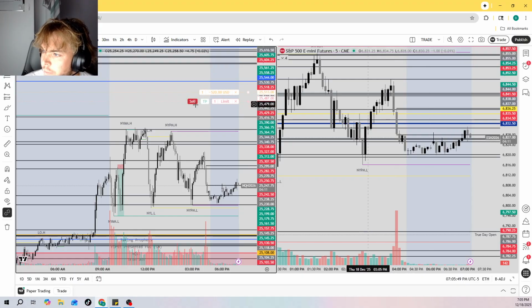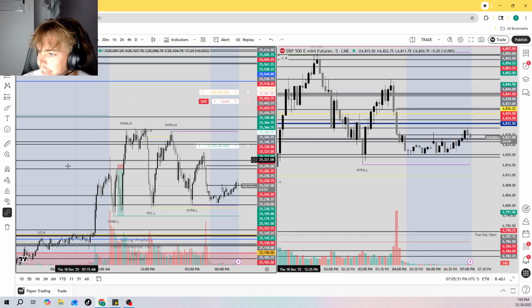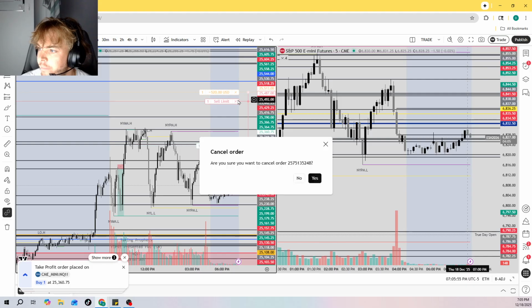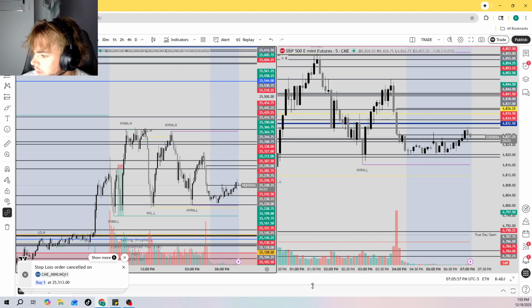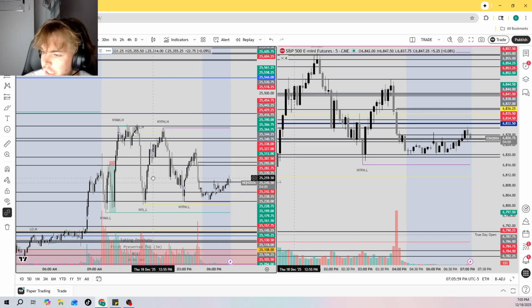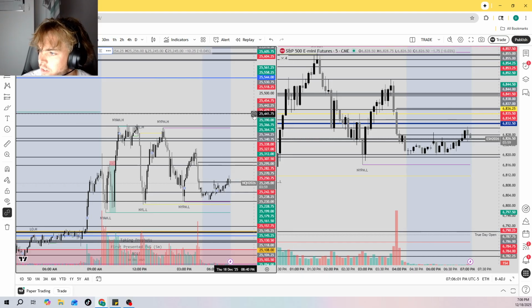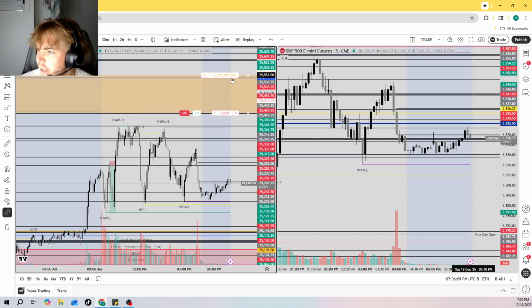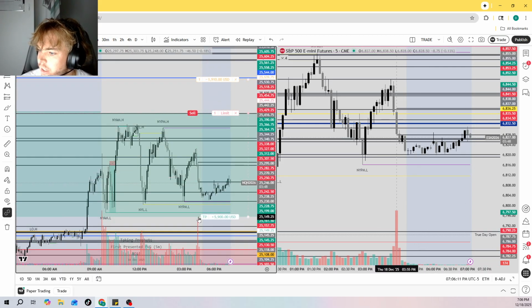We can move our stop loss, $520 to make $2,500 there, and we just click sell, and there's our sell limit. So this is obviously a paper account. That trade isn't real, but it's super easy to do, right? You just say, okay, I want to sell limit at 25,444, and boom, just like that, I've got my trade.